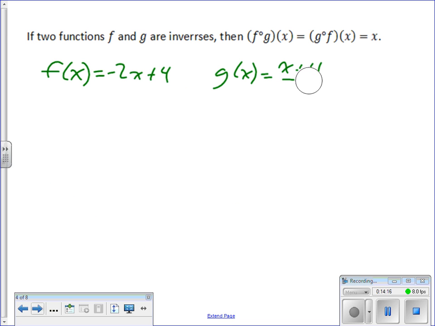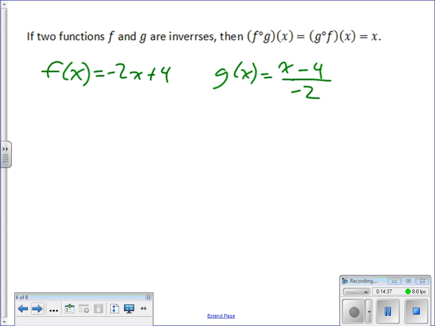Thank you. And I wish to prove that these two functions are inverse functions.